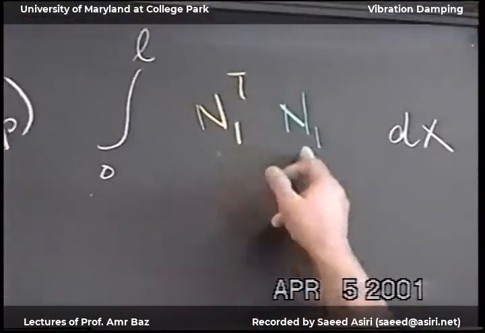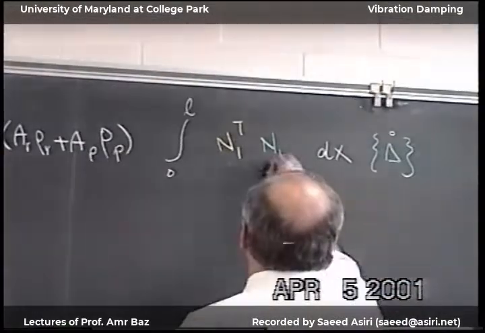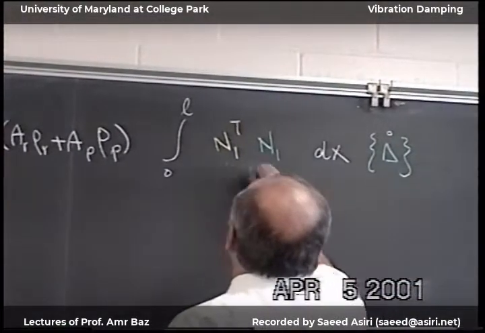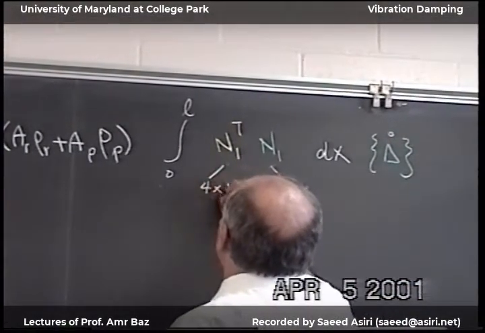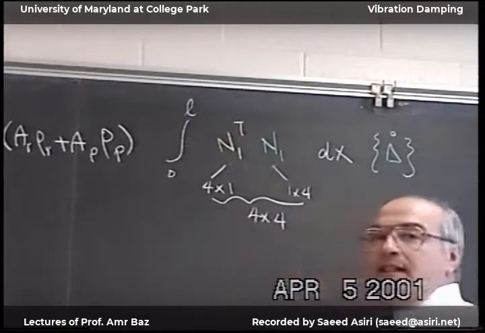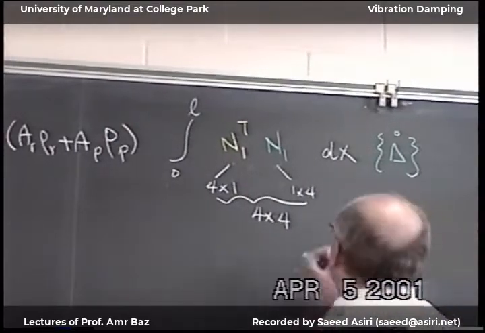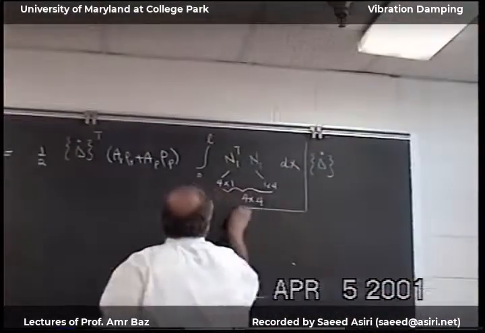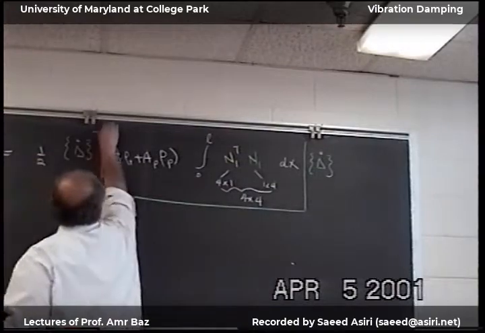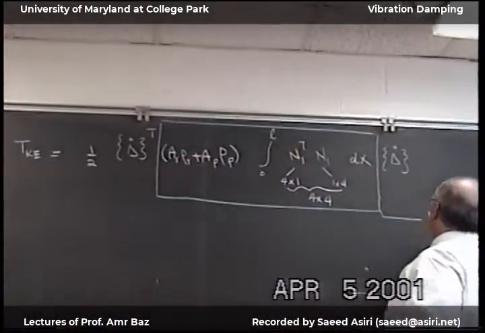Of course, of these two matrices, this is 1 by 4, the transpose is 4 by 1, so the result is 4 by 4. And I can combine all these in one matrix, and this would be our mass matrix.